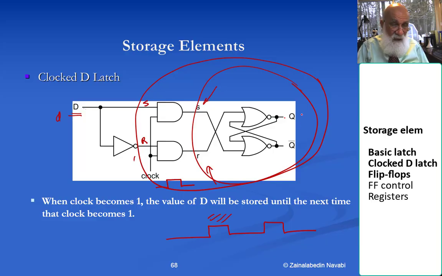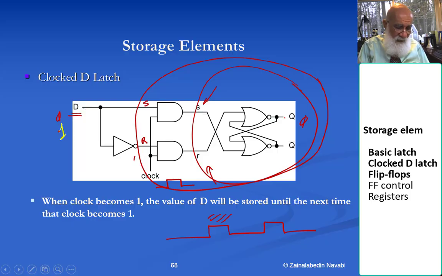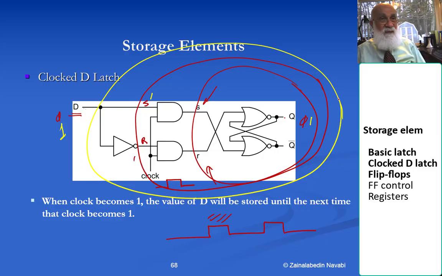That means at the time of the clock, the output becomes a 0. On the other hand, if I have a 1 here, I have a 1 on S, okay, and then guaranteed a 0 on R. And then at the time of the clock, the 1 on S will propagate over here, make this 1. What it means is this structure, the way it works is it takes the value of D at the time of the clock, stores it into my Q output.